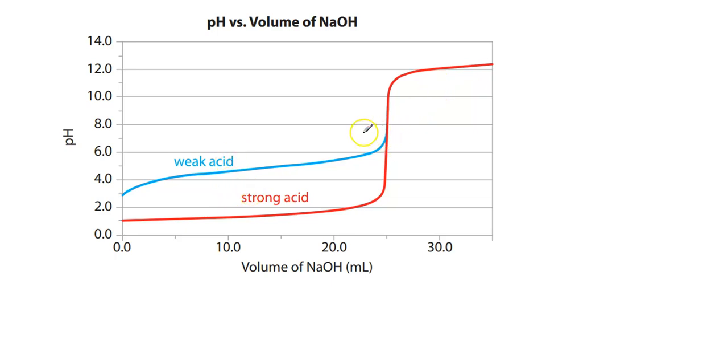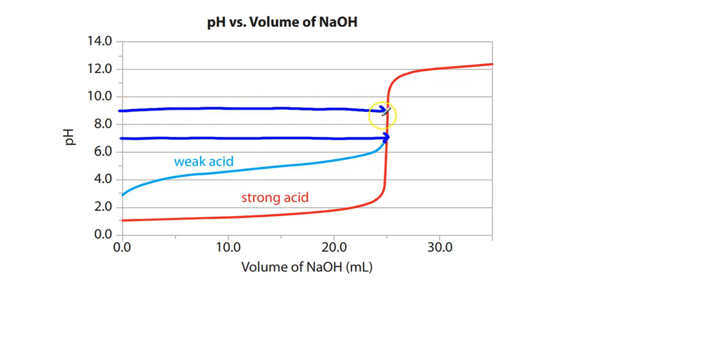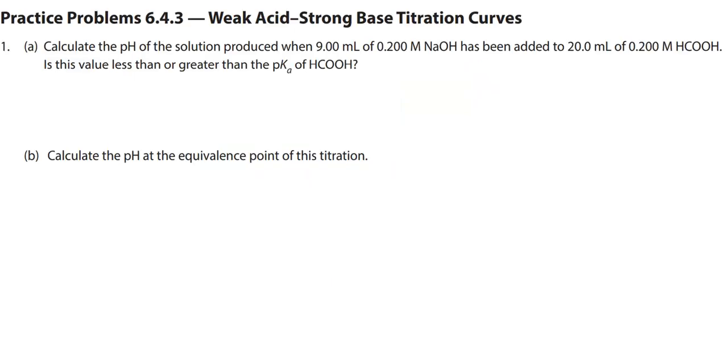Here, 7 is the equivalence point of the red line, whereas this is the equivalence point of the blue line. It's hard to see because they're overlapping each other. You also have this buffer region where it's steadily going up, but it's not very dramatic about it. It's just to show you the main differences between the two.